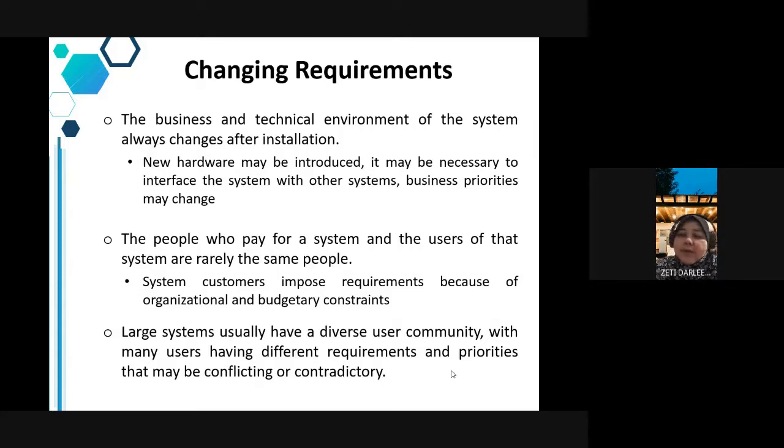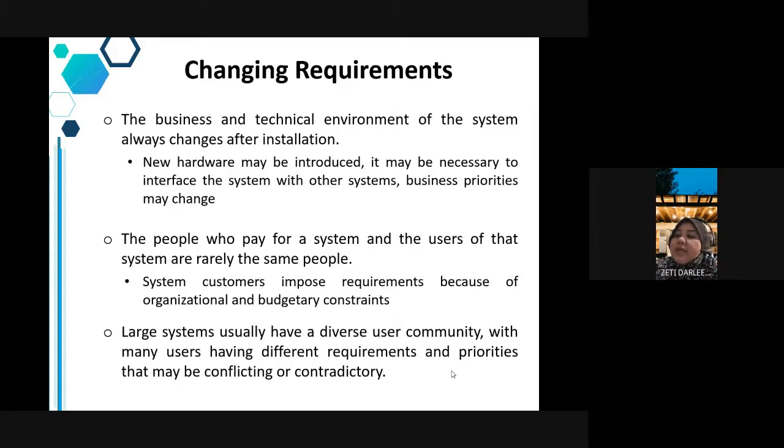Who pays probably is not the one who uses the system at all functions, or directly uses the function. Okay, so they probably don't appreciate that much. So that's why you must kena ada influence, or try to win their hearts so that the system can be supported. Okay.